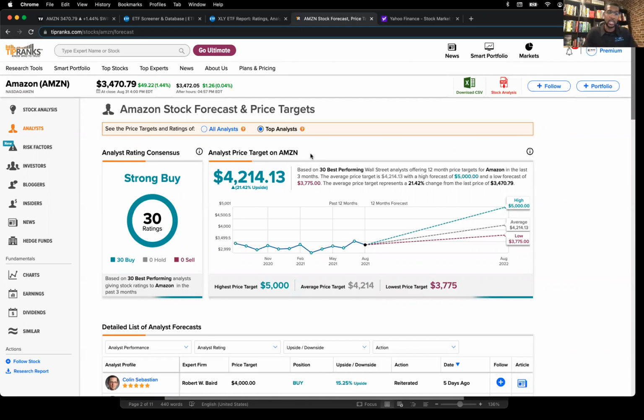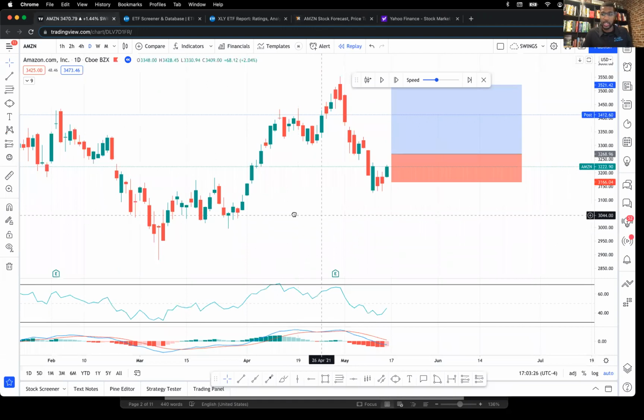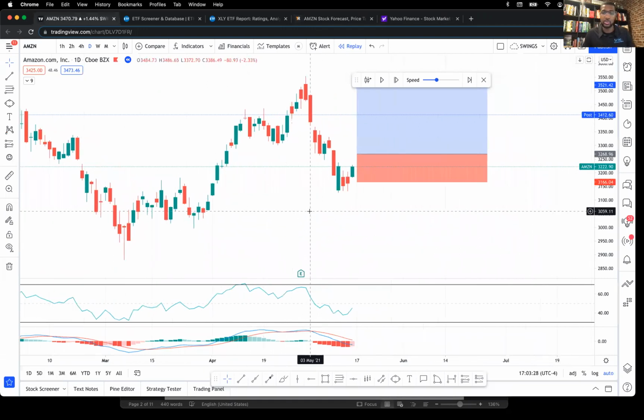So basically what they're saying is if you were to buy Amazon right now, you can look to gain a potential 21.42% in the price if it reaches its target for the year. Right now, it's trading at $3,470.79. Right? We're going back in time though. So if we're looking at the chart right now, it's at $3,222.90.